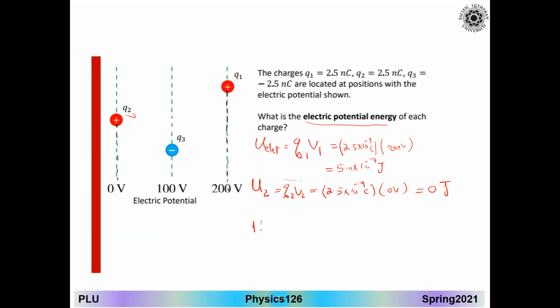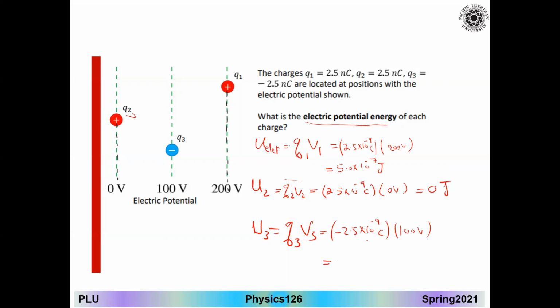And the third value, for charge number 3, is Q3 times V3. The charge is minus 2.5 times 10 to the minus 9 coulomb, times 100 volt.